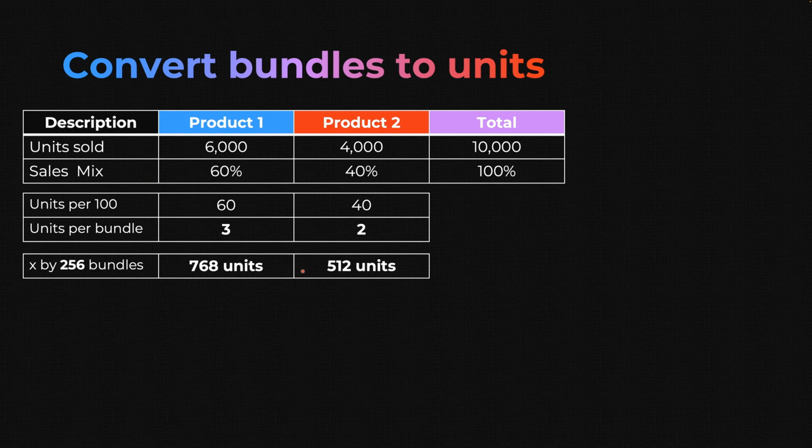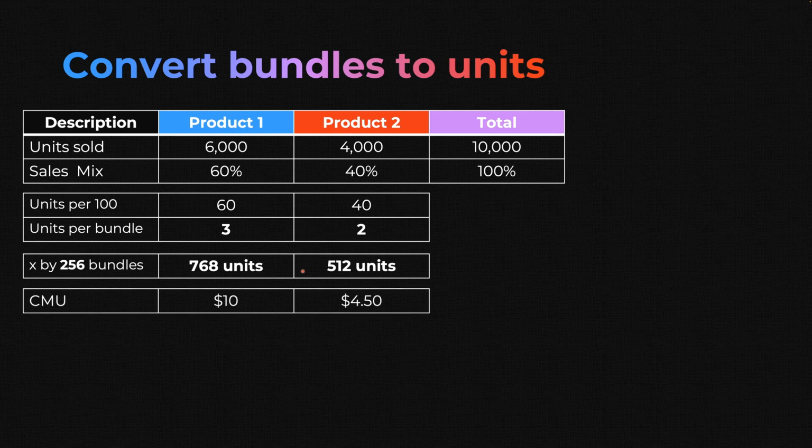If you want, you can go back and double check your work. One way to do this is to remember break-even point is when operating income equals 0, or break-even point is when the contribution margin is equal to the fixed costs. So let's quickly do a double check. We could say our contribution margin per unit, as we calculated earlier, was $10 for product 1 and $4.50 for product 2.